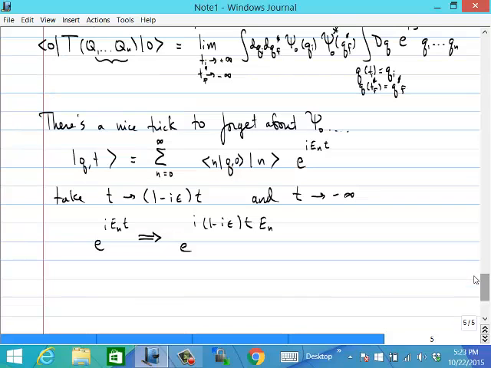And so this procedure of giving t a very small imaginary part will project out all but the vacuum state. In particular, the thing that will dominate the sum over n, and it will dominate it by an exponential amount at late times, is the state with the smallest energy. So what you'll get is the overlap between the ground state and the state with position q at time t equals 0, times the ground state.